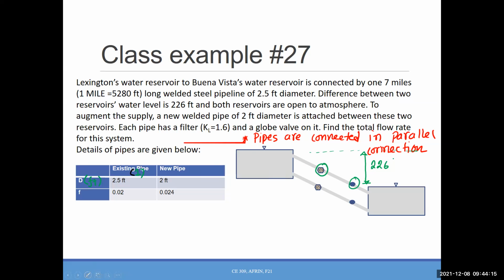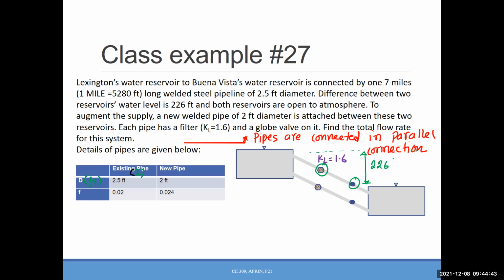So what we will do now, we will try to identify what are the minor losses we can have here. Okay. So for the filter, KL is already given, which is 1.6. For a fully open globe valve, can you go back to the table you have for minor losses and tell me what was the KL for fully open globe valve?